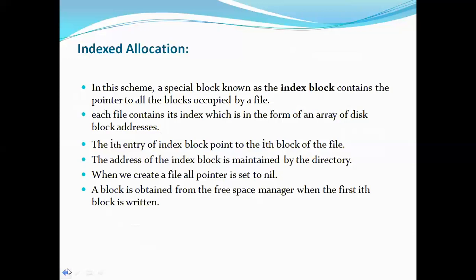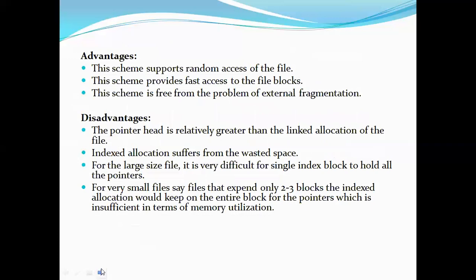So it overcomes the disadvantage of contiguous memory allocation. It supports random access files, we can allocate a particular block from the disk, it gives fast access to the file system, and it is free from the problem of external fragmentation.